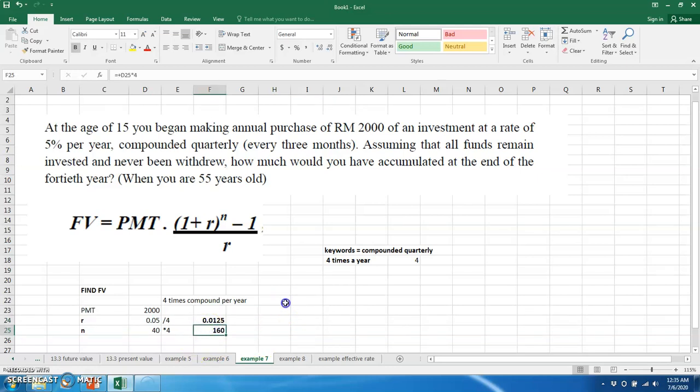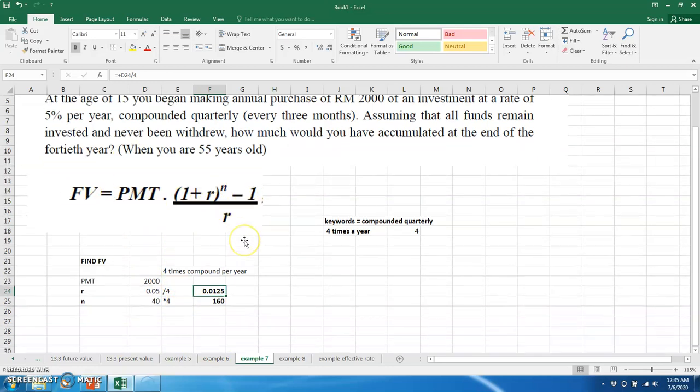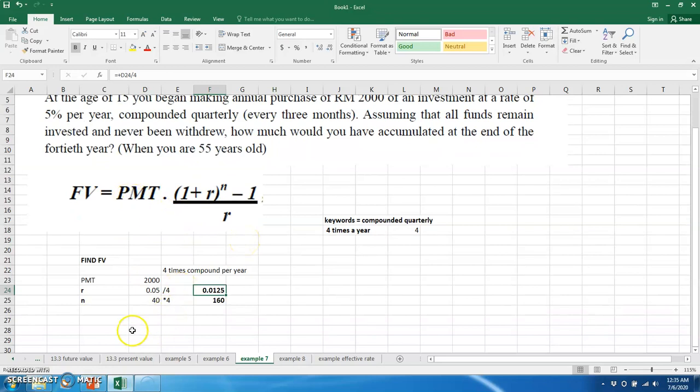N is how many times. I calculate R and N separately so it will not cloud your judgment when you put them in the formula.